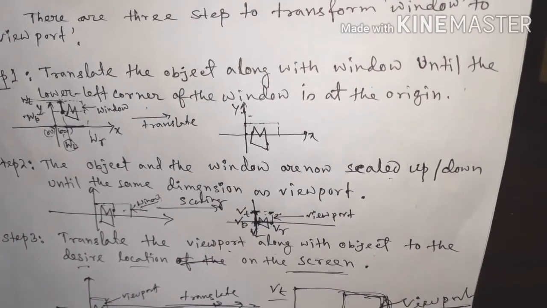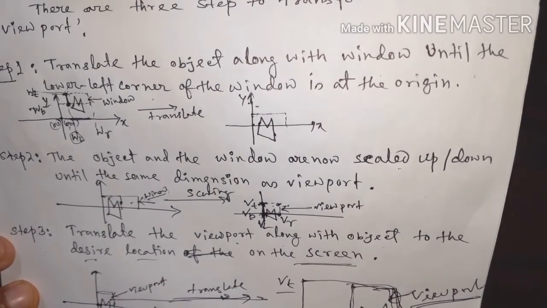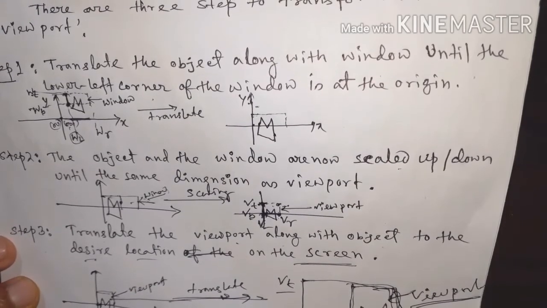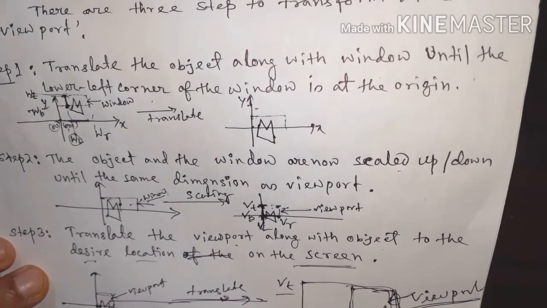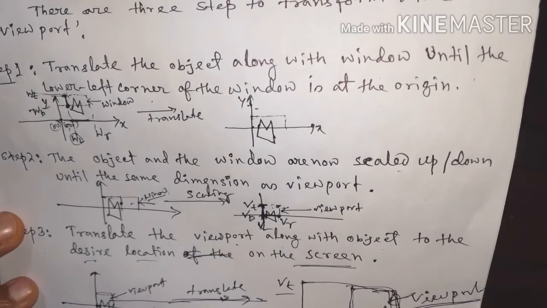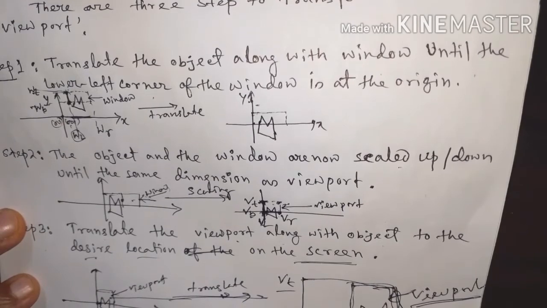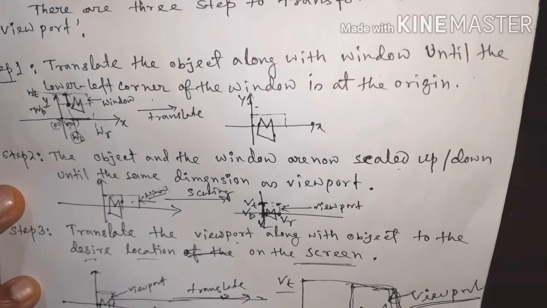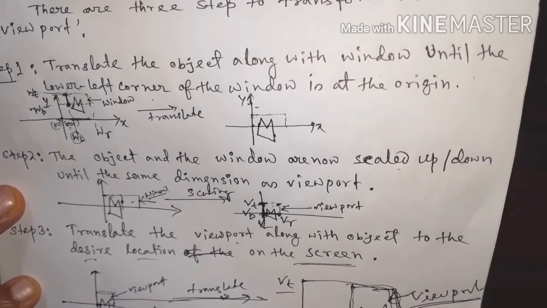So for the translation of the viewport to the screen, Tx equals VL and Ty equals VB.